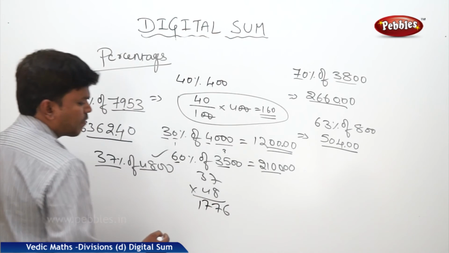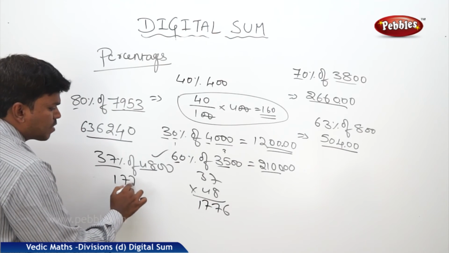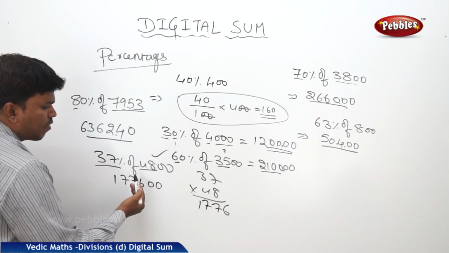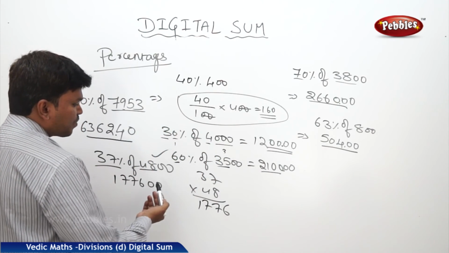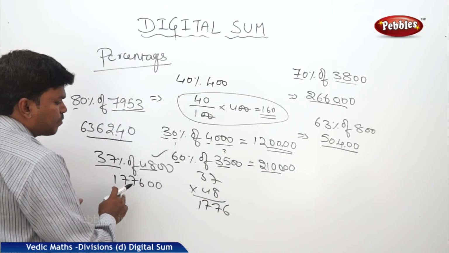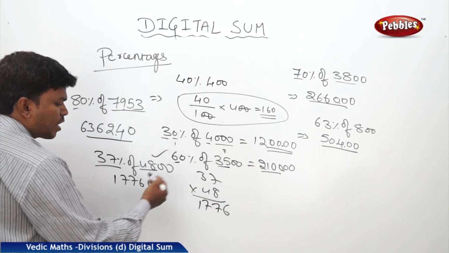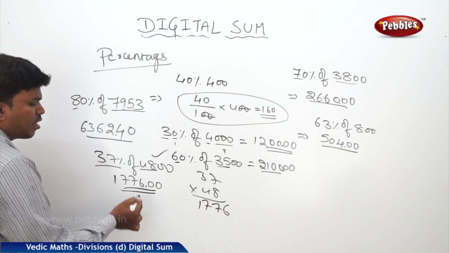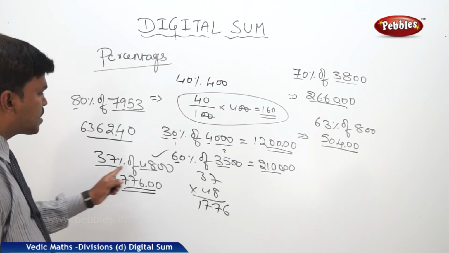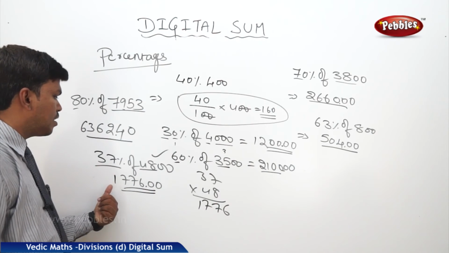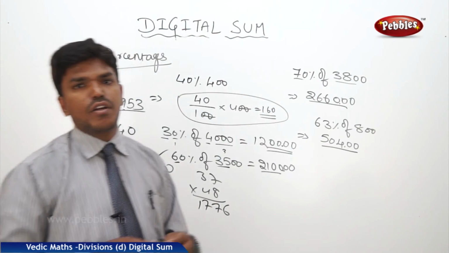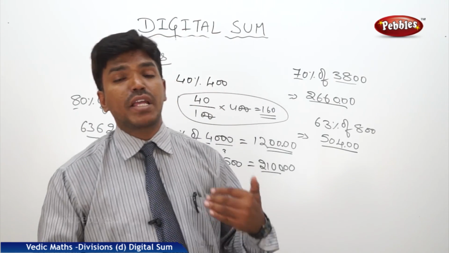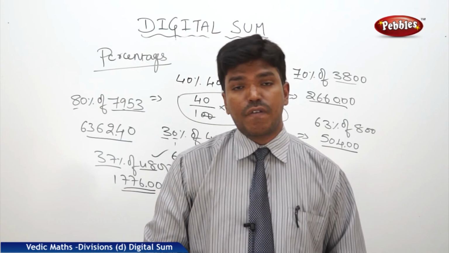So I got 1776, 2 zeros afterwards. Percentage means put a decimal point after 2 digits from right. This will be your answer. So 37% of 4,800 is how much? 1776. Like this, you can calculate percentage values in a faster way by applying the multiplication techniques of Vedic maths.